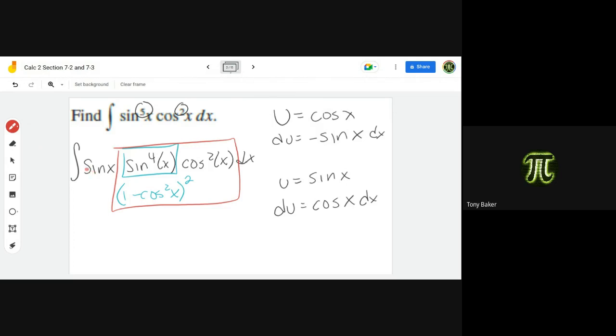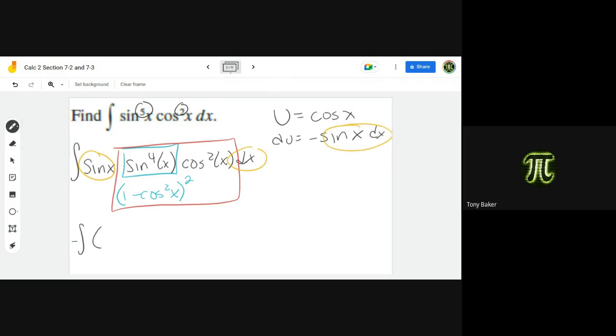And I still have a sine left over to do my u substitution. So I'm going to make my u cosine. It's going to be negative sine, so I'm going to put a negative sign out. That and that take care of that.